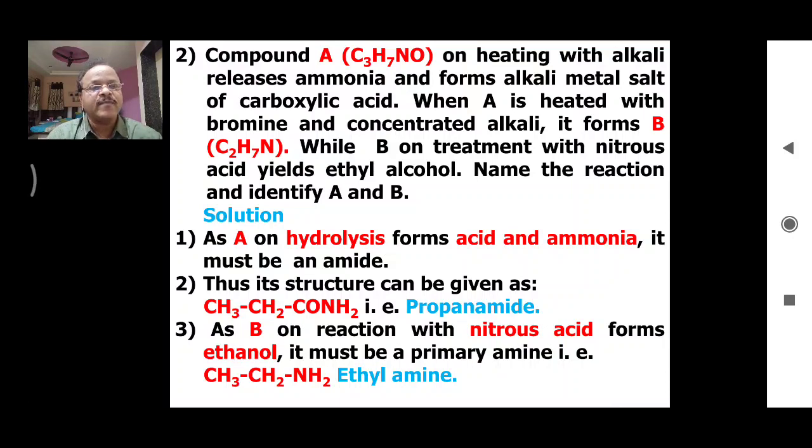Remember, primary amines when treated with nitrous acid give primary alcohol. So B forms ethanol, which indicates B must be a primary amine, and therefore we can assign the structure for compound B as CH3CH2NH2, and this is nothing but ethyl amine.